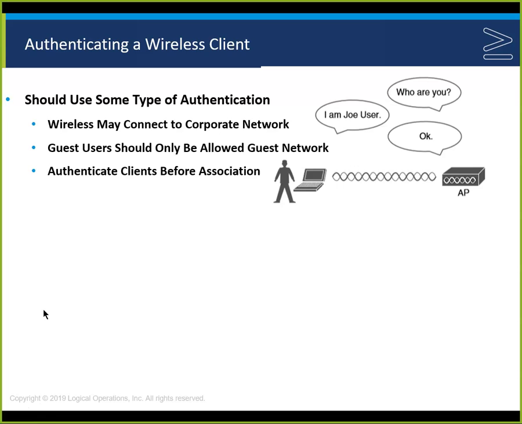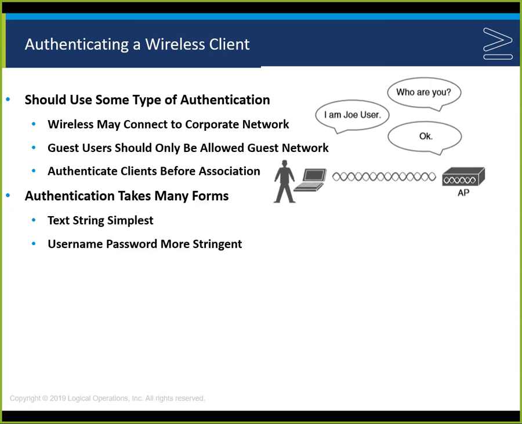But authentication here, we talked about association with the wireless access point earlier this morning. In this case, we want the users to authenticate before they get the association with the access point. Lots of different forms. Could be a text string, username and password.